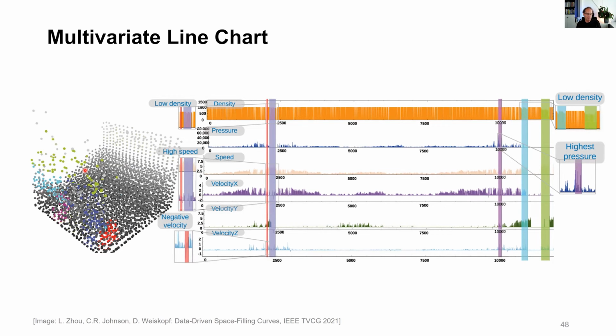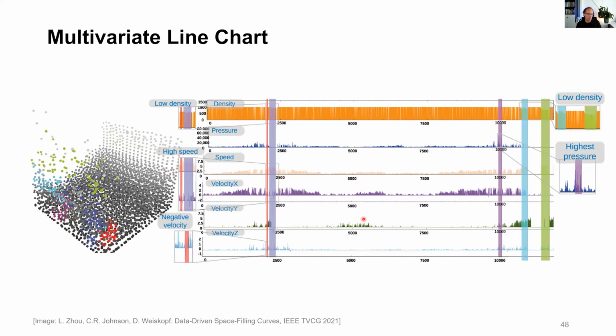At the same time, we don't have just a single scalar field attached, but we have multivariate data attached to each of the SPH particles, and they can be shown side by side by these several curves here. Only because we could reduce the dimensionality of the original domain to 1D are we now able to fit several of these multivariate curves next to each other and do some nice brushing, linking and interaction here.